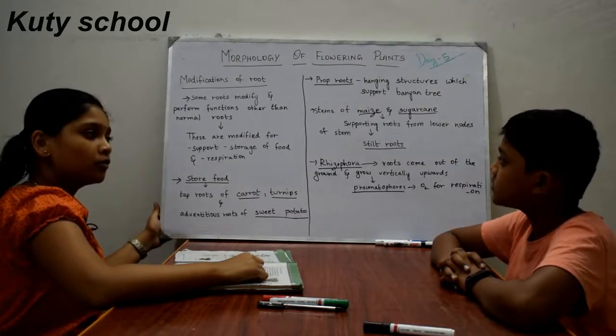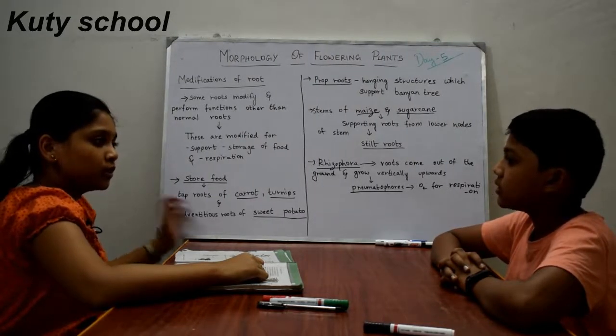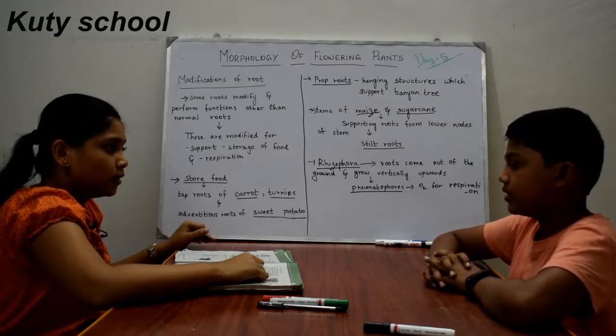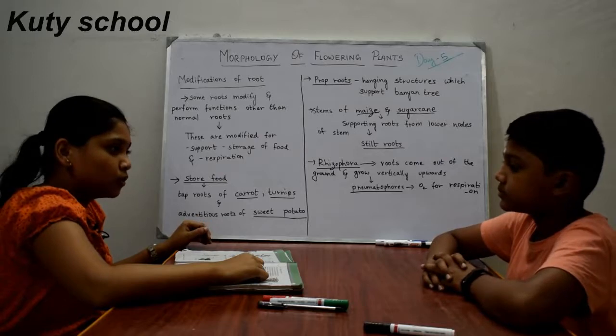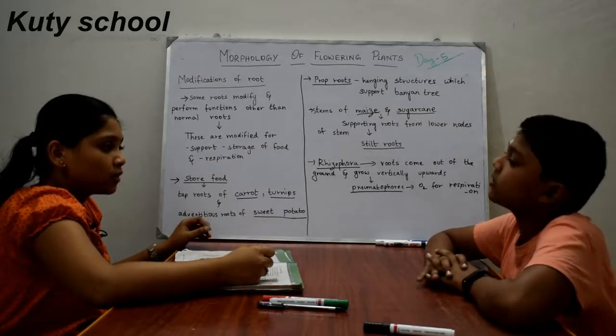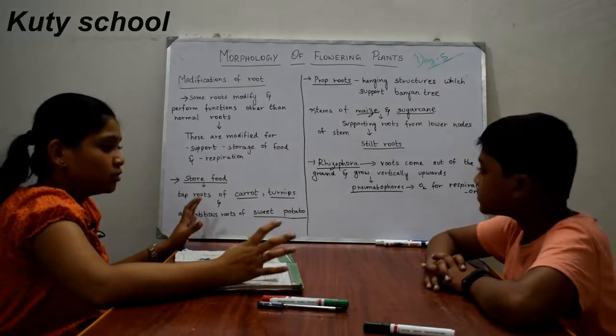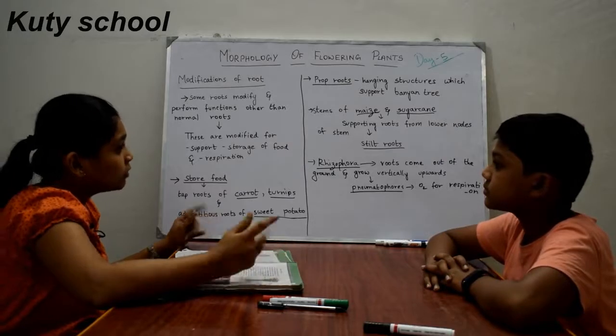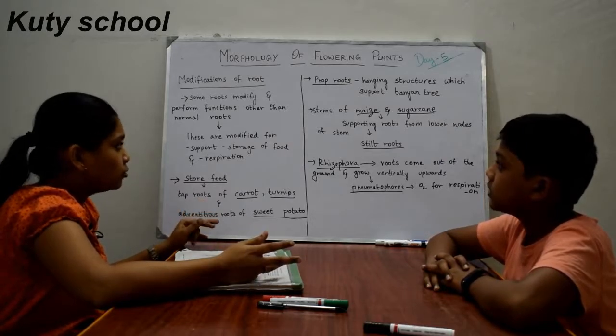What are the functions of normal roots? They provide anchorage, they take water and minerals, and they store some reserve food coming from the leaves. They penetrate the soil. So some roots modify and perform functions other than what normal roots do.